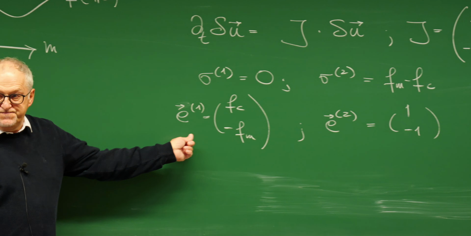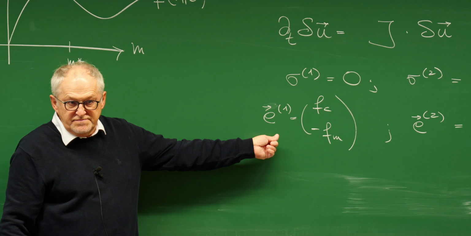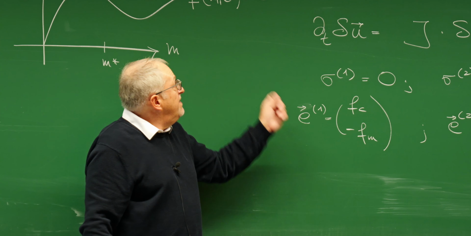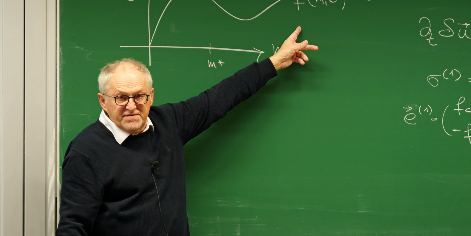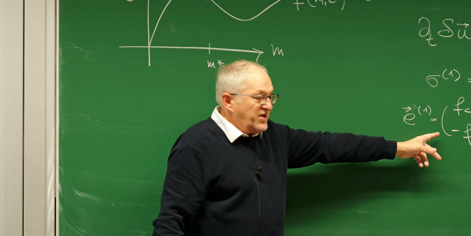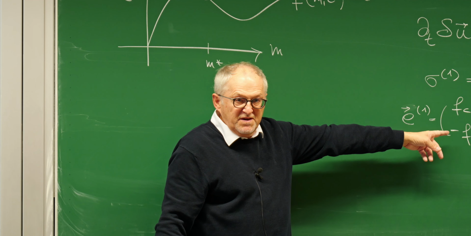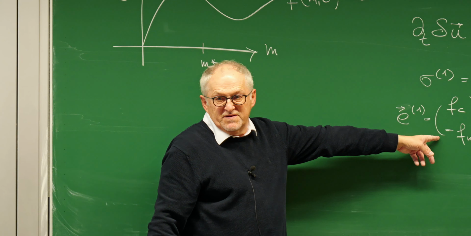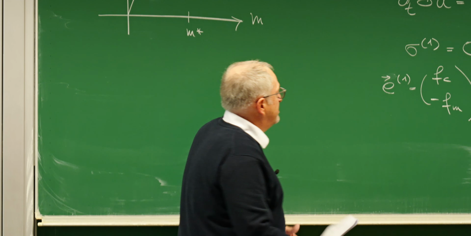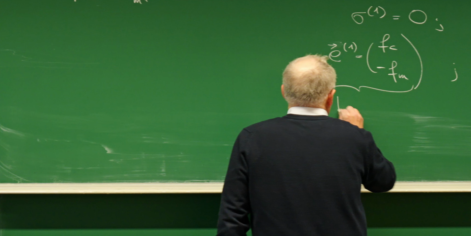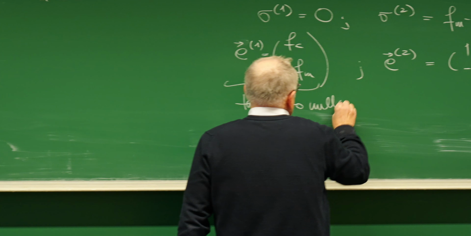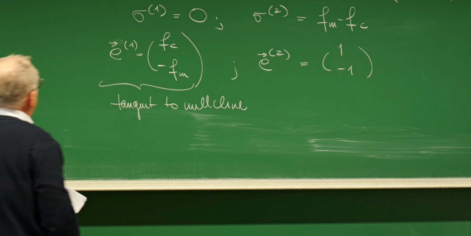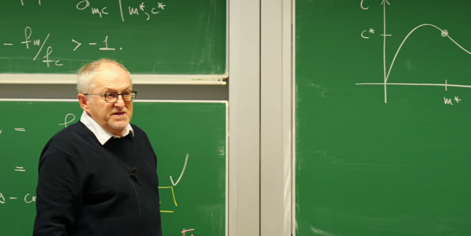Now what is that vector? So f equal to 0 has a normal, which is the gradient of f. And the gradient of f is fm, fc, and this here is the tangent. This is the tangent to the nullcline. And for the tangent to the nullcline, the eigenvalue is 0.